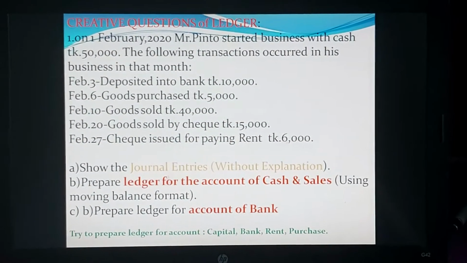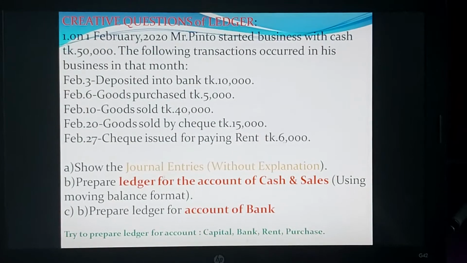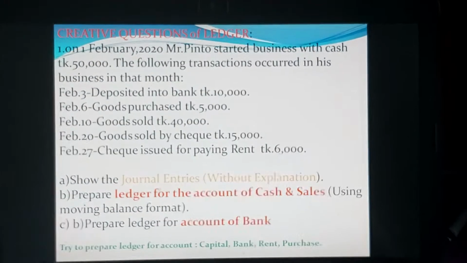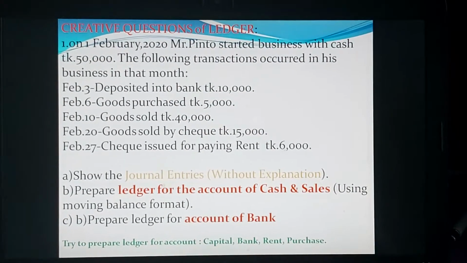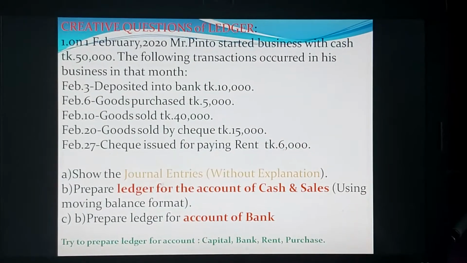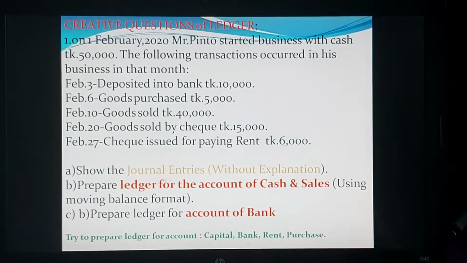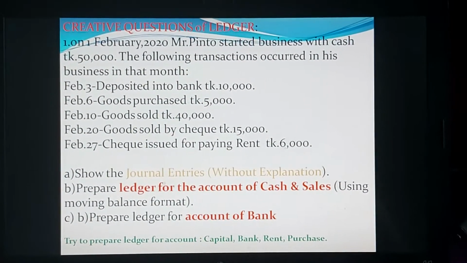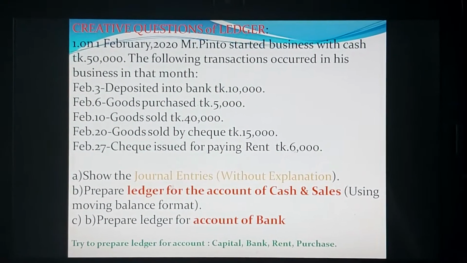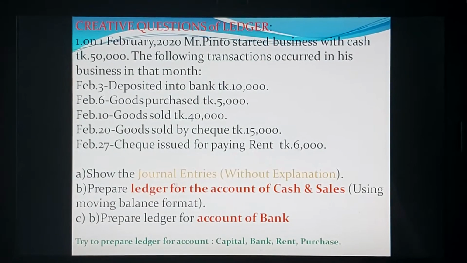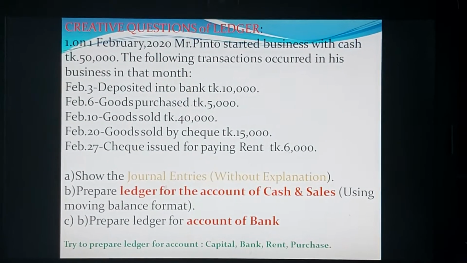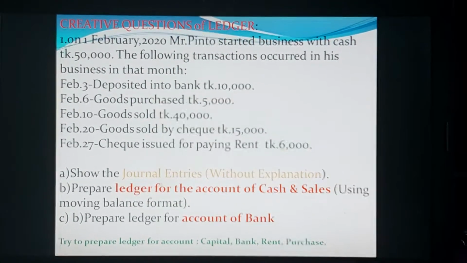This time we are solving requirement A. 1st February, Mr. Vint started business with cash. In this transaction, two accounts are involved. Cash account, another one capital account. Now you can write cash account debit, capital account credit for taka 50,000. In debit 50,000, in credit 50,000.